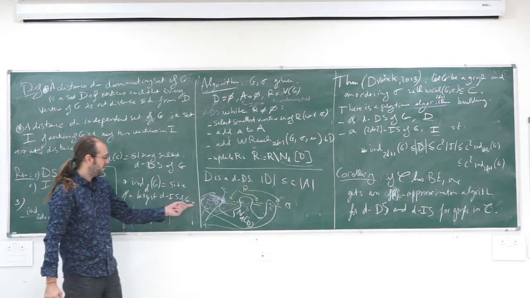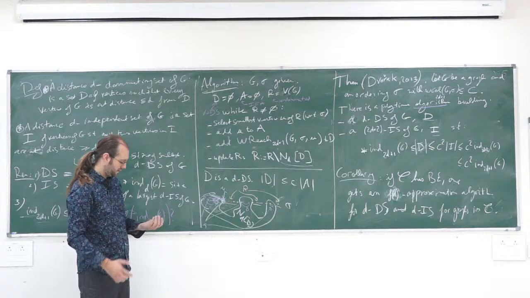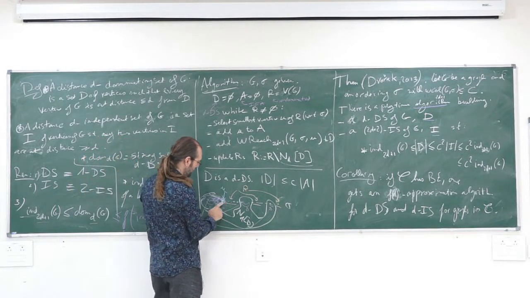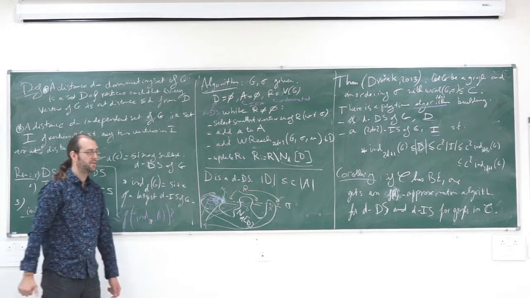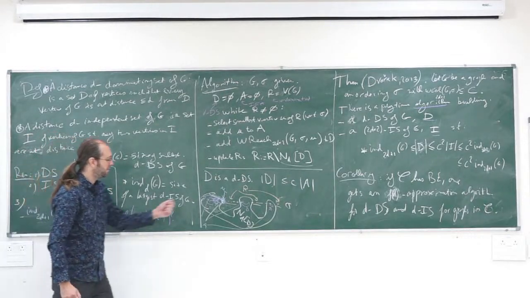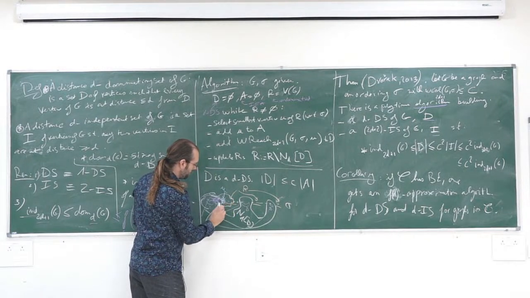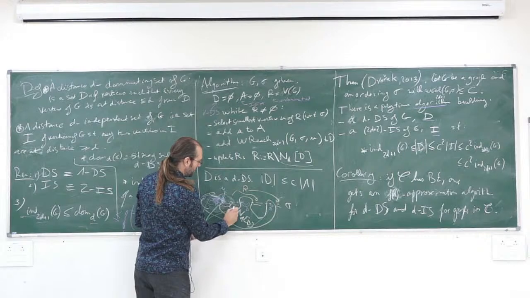It could be that I'm adding things which were already dominated, doesn't matter. But now I'm sure that I have enlarged my A and my D by at least this U, because this was in R, so it was neither in D nor in A. So I've at least added one more vertex. And now, of course, it may dominate a bit more here. And of course, the edges here are completely arbitrary. Okay.